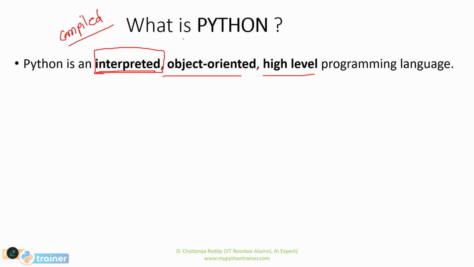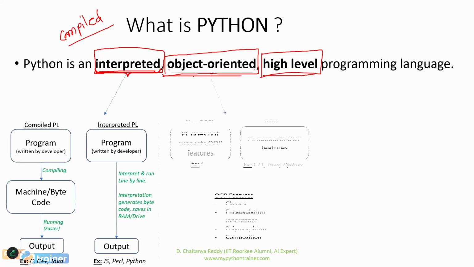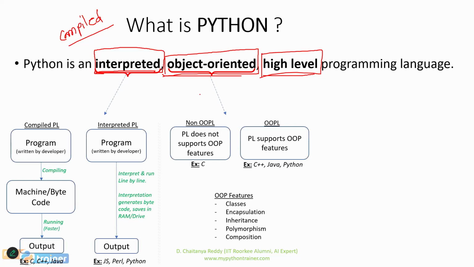In this class, we are going to discuss what object-oriented means, what categories of programming language we have, and what high level is. Here, we can categorize every programming language into two categories: non-object-oriented programming languages and object-oriented programming languages, OOPL and non-OOPL.